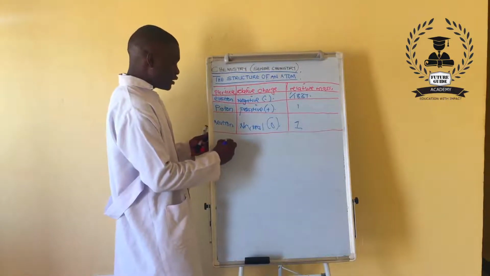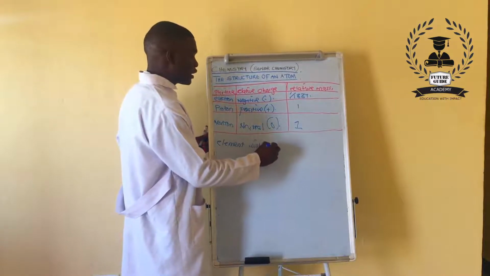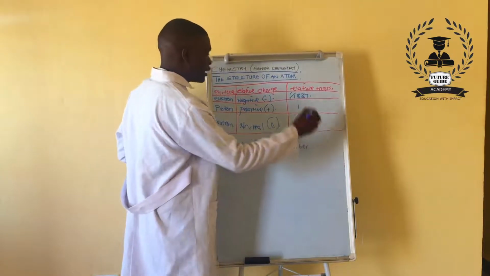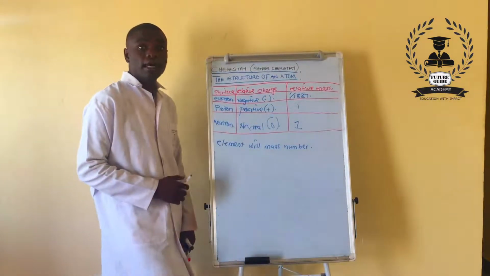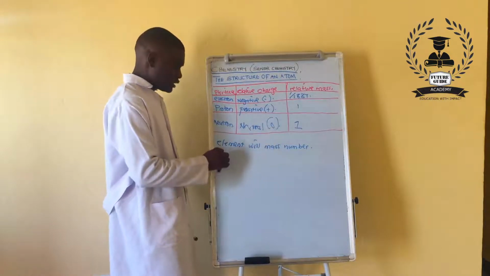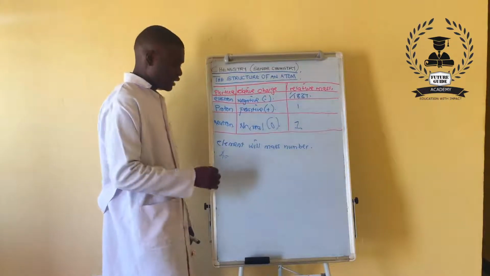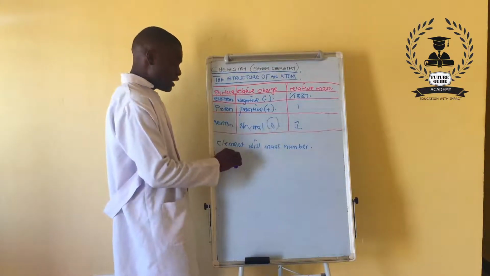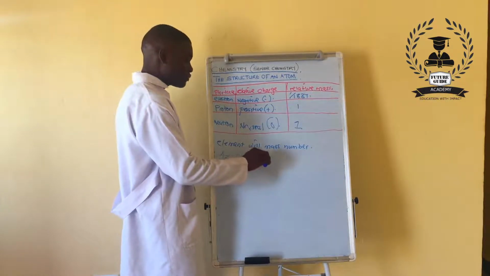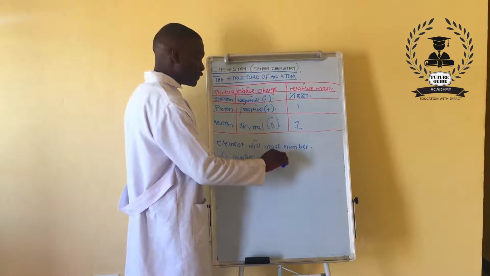An element will have its mass number. The mass number of an element, with the symbol A, is equal to the number of protons plus the number of neutrons.